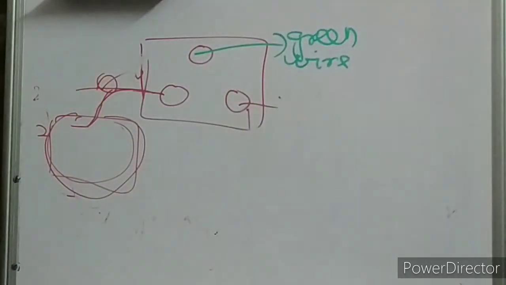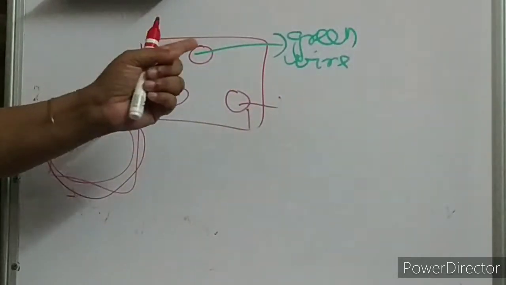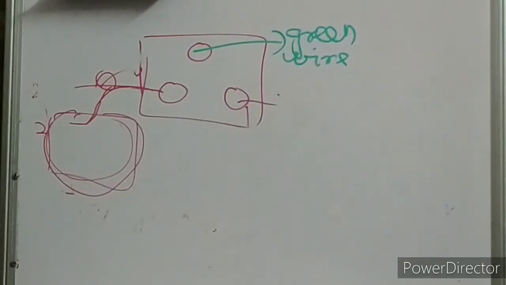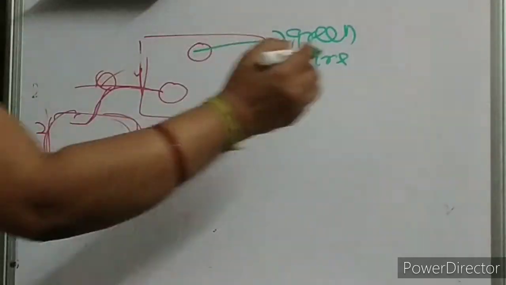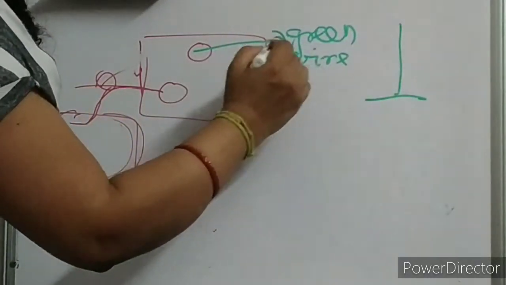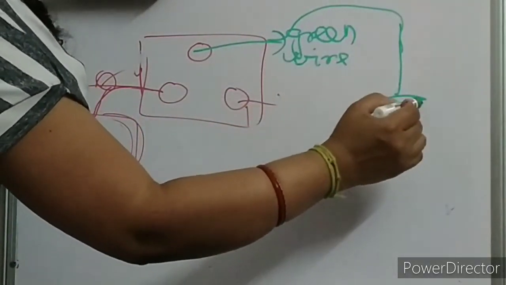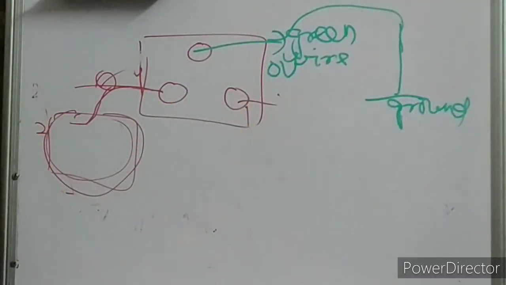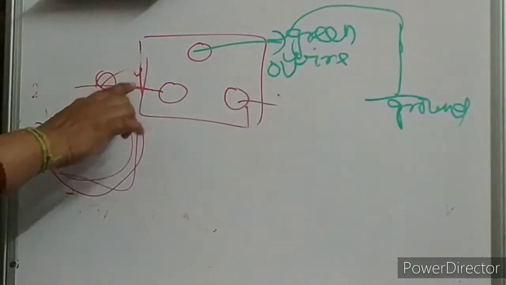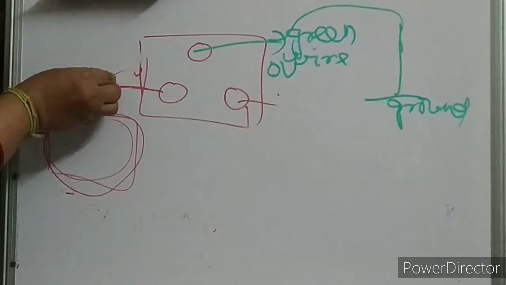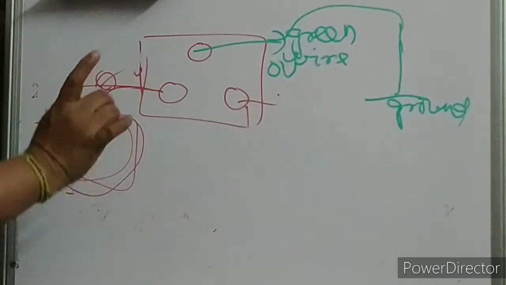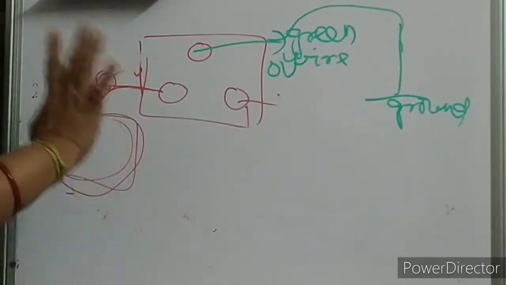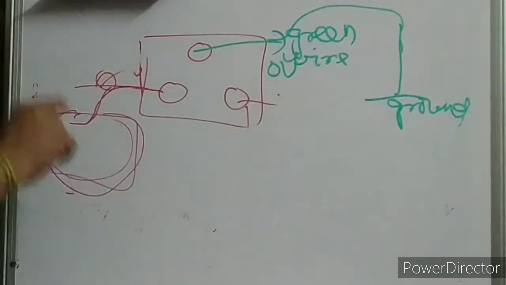Somewhere in your house, this is your ground, and this wire will get connected over here. So it is also at 0 volt. Clear, children? If some insulation is broken over here, and it is switched on, what will happen?